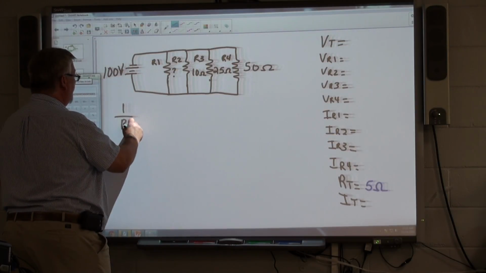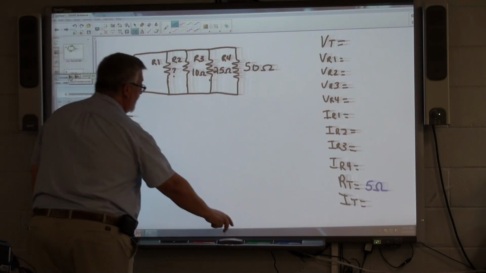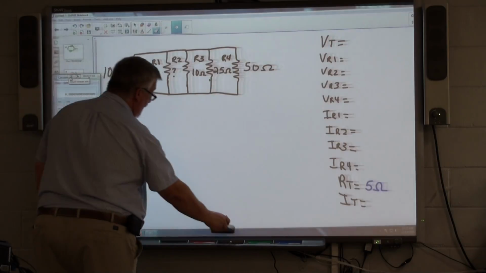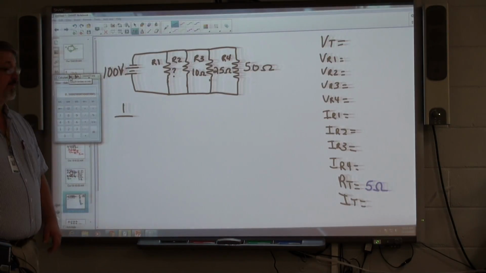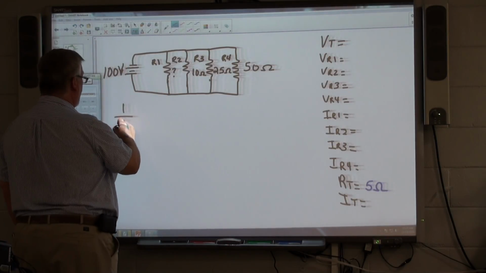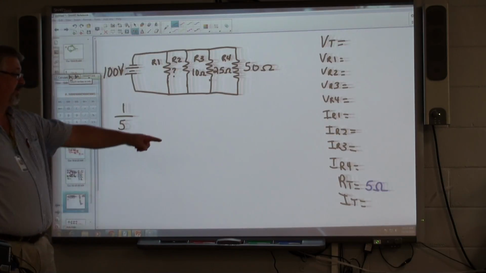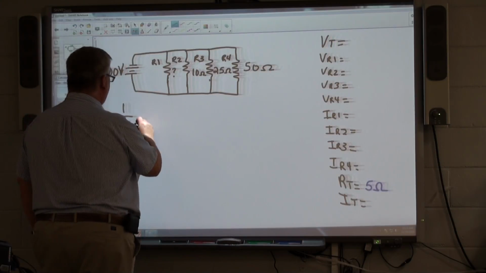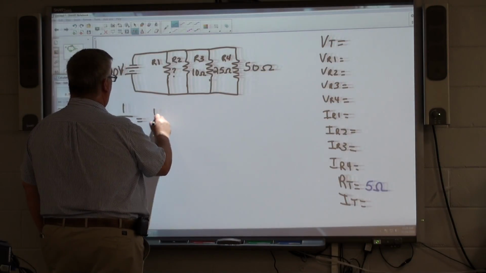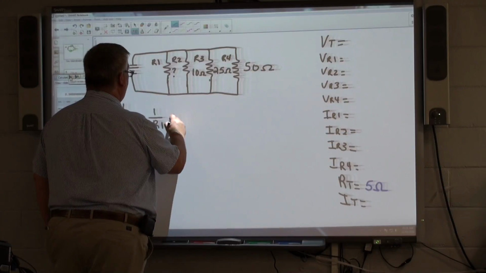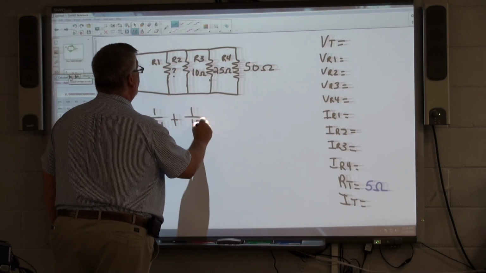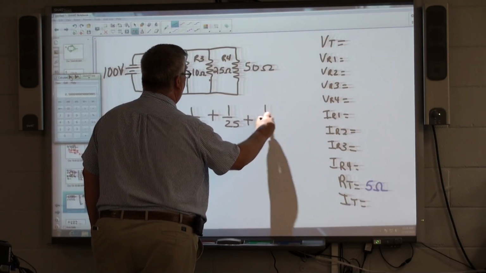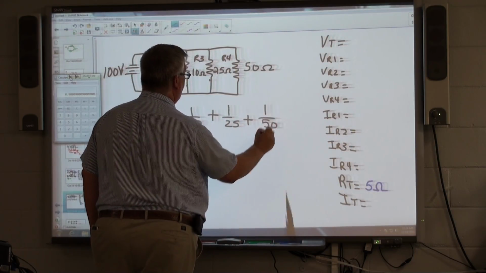1 over RT, excuse me, it's not 1 over RT, is it? It's 1 over what? What is RT? Right. 1 over 5, because we've given RT a value of 5, correct? Equals 1 over R1 plus 1 over R2 plus 1 over R3 plus 1 over R4.